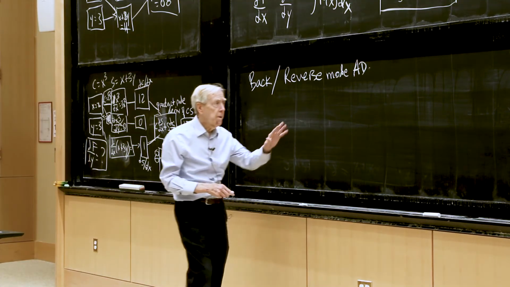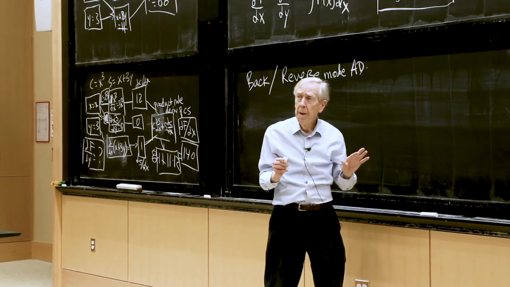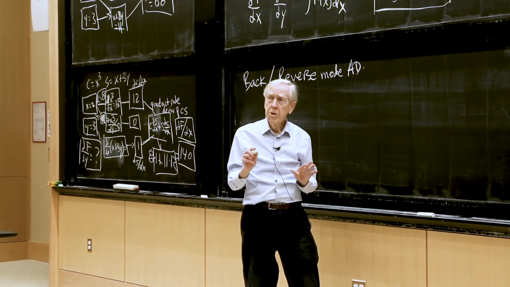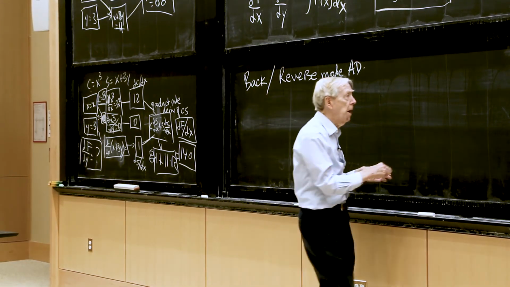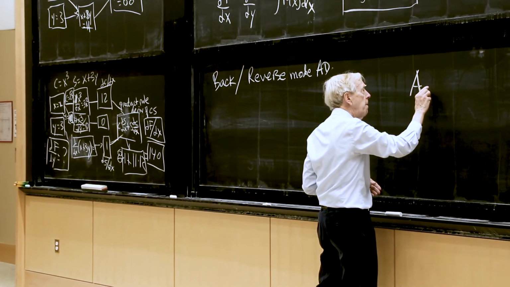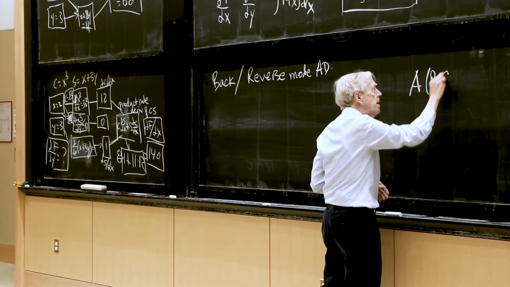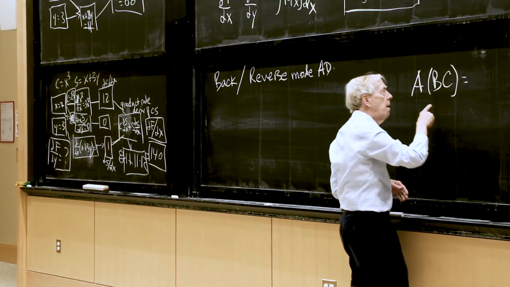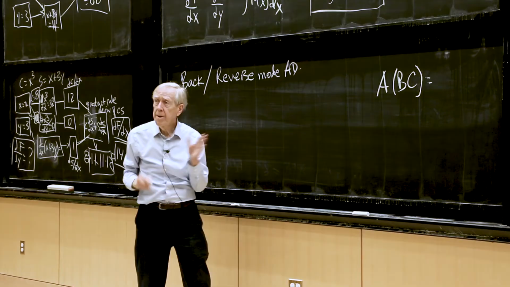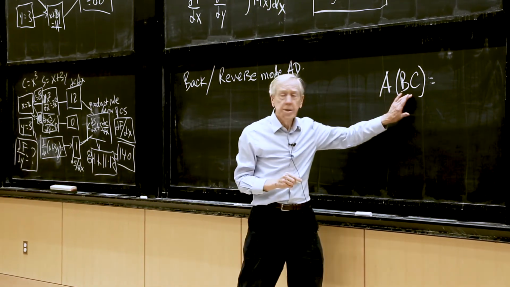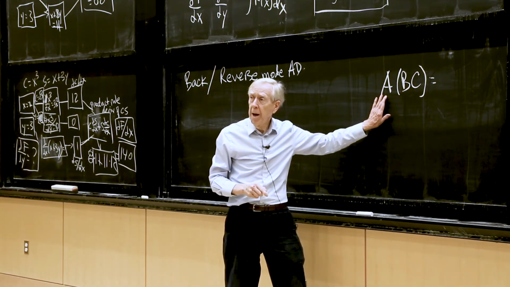So another and simpler example which shows how one way could be way faster than another way, is when I'm multiplying three matrices. So I'm multiplying three matrices, A times B times C. And the question is, do I do BC first and then multiply by A?